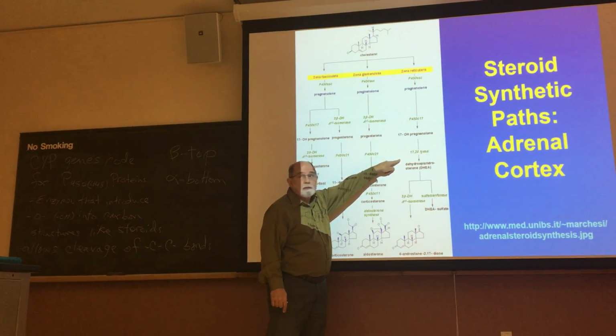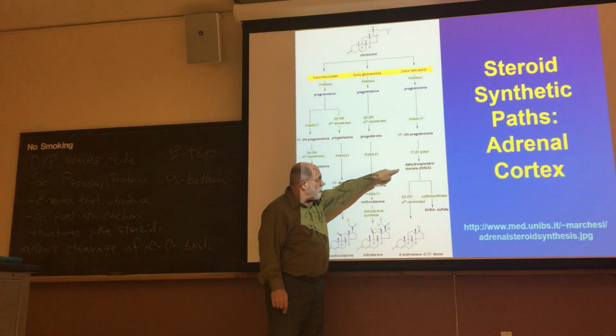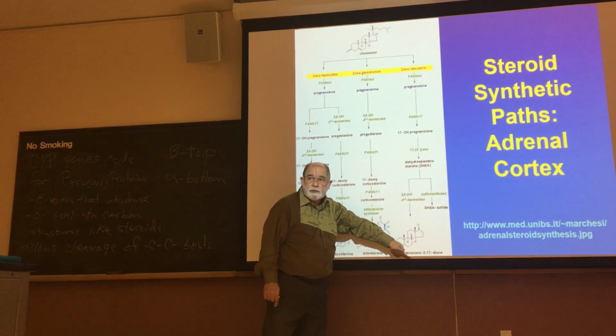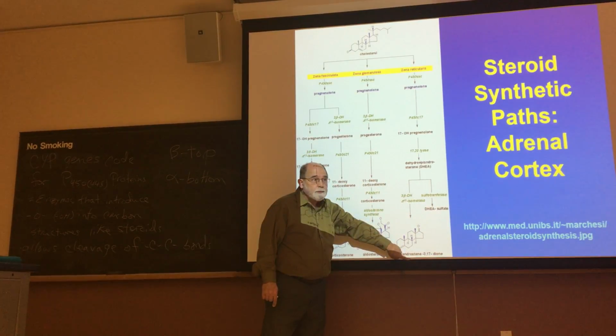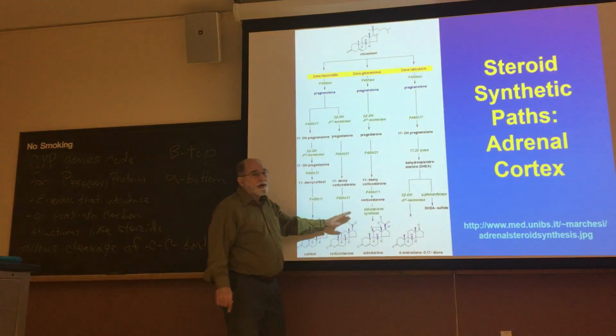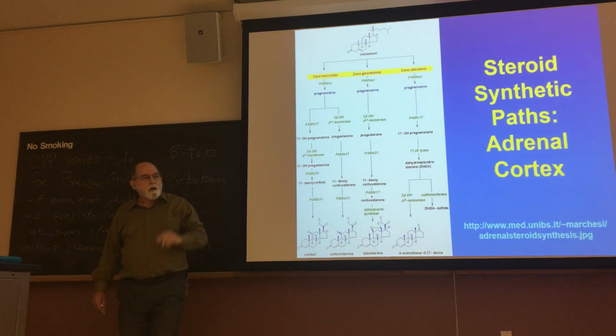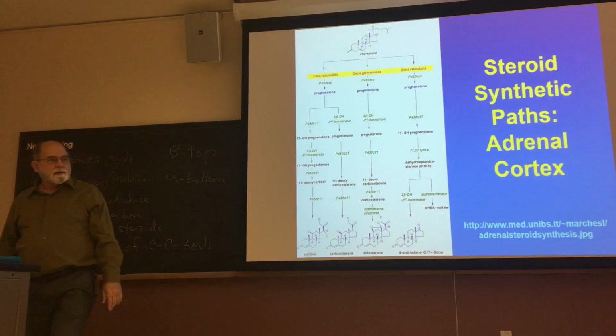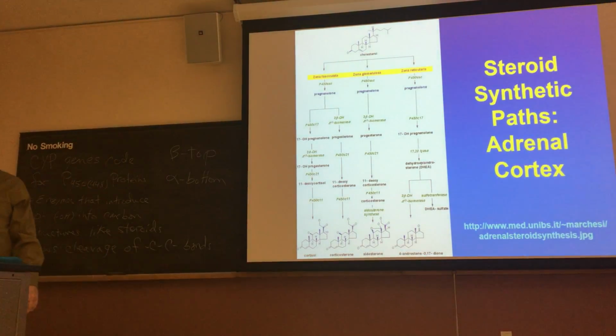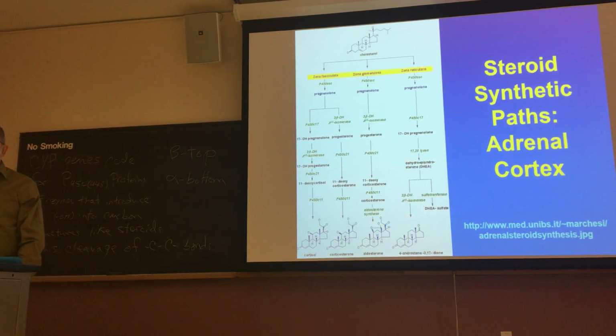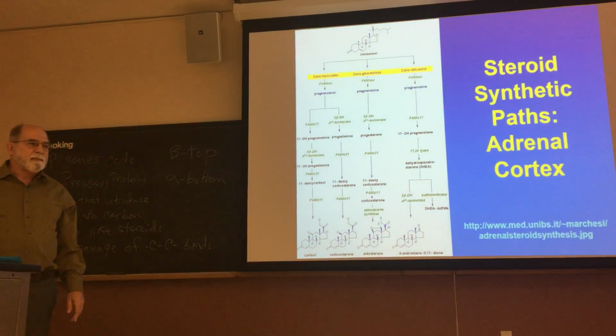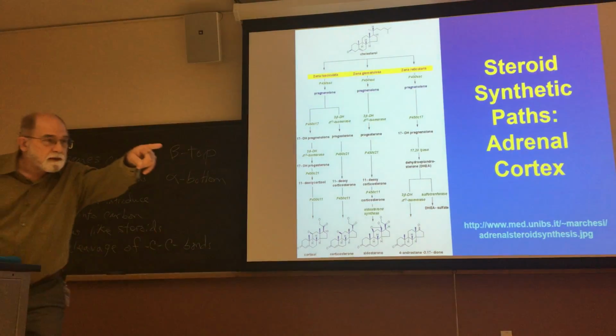Here. Okay. And that gets you to these. But you couldn't get the glucocorticoids. Now, what would that mean to the animal? Problems with metabolism of glucose. What would it screw up? Pardon?